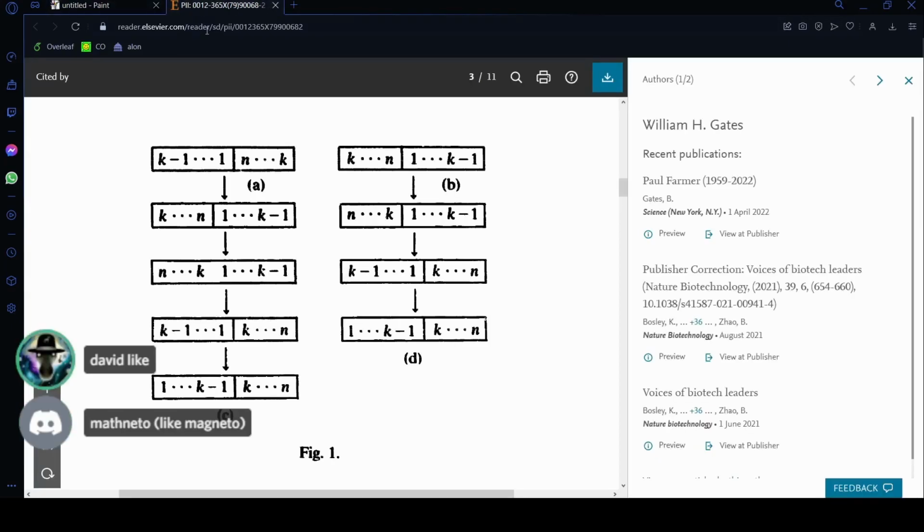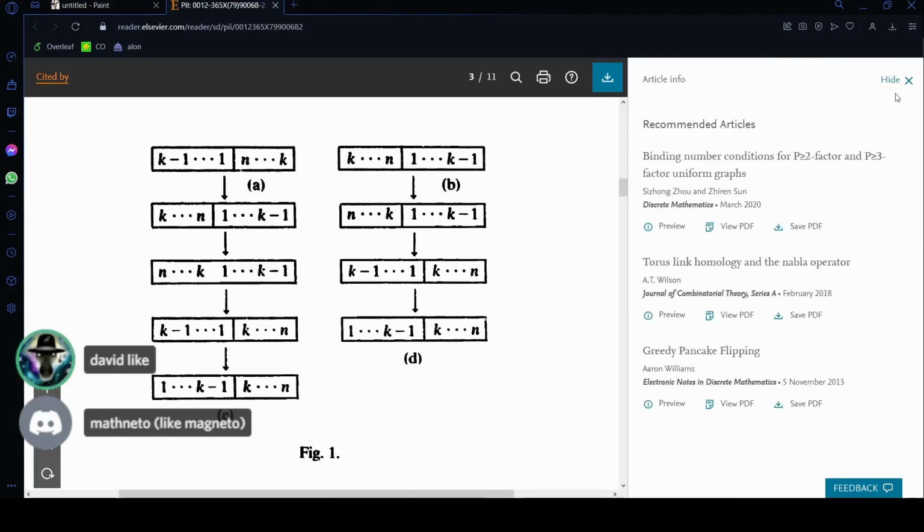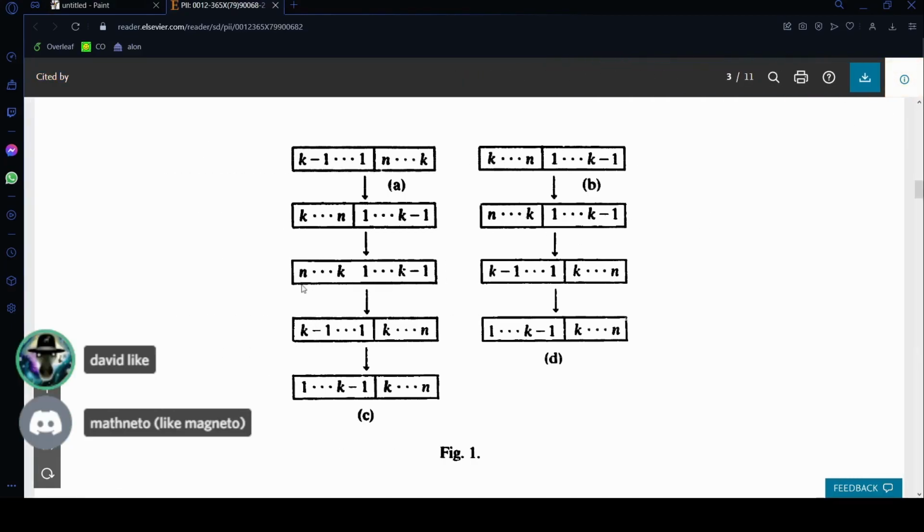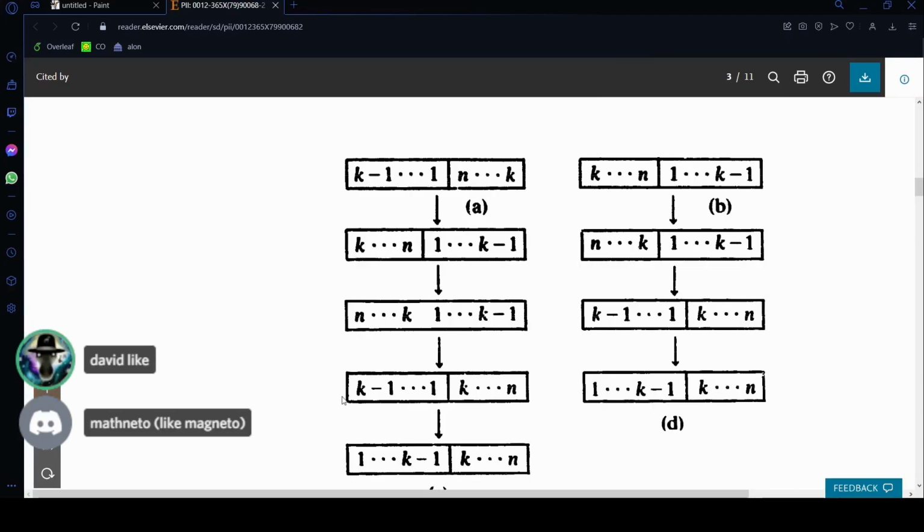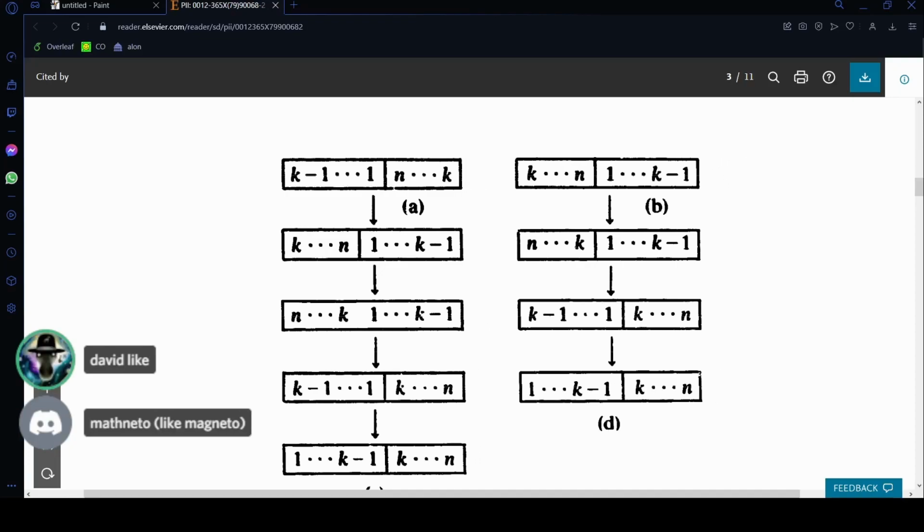I noticed with a lot of these sorting problems, which I guess you can call it that, or rearrangements, they use a lot of modulo, like considering modulo groups.